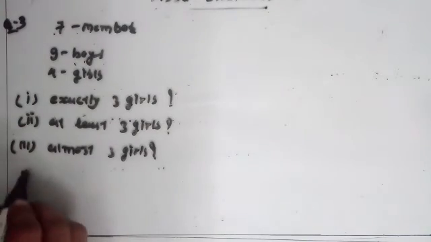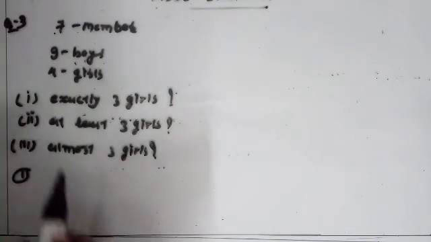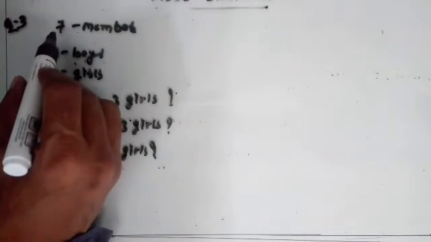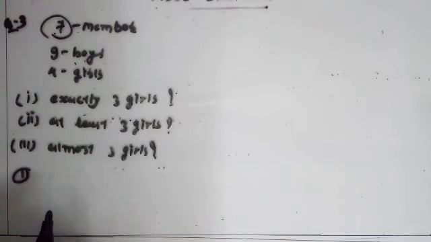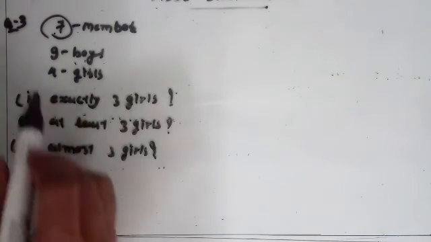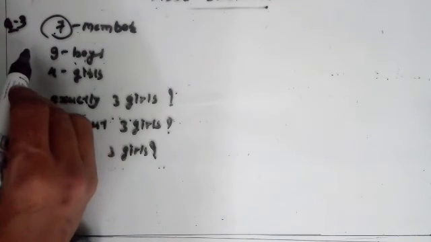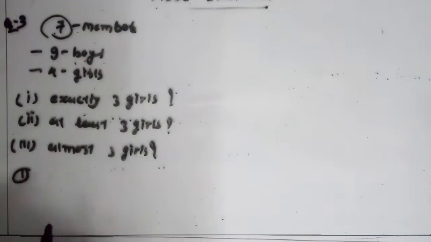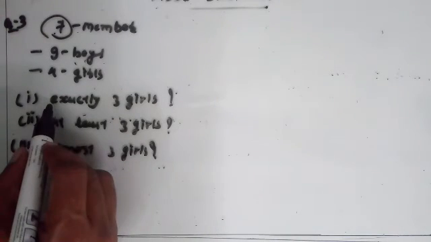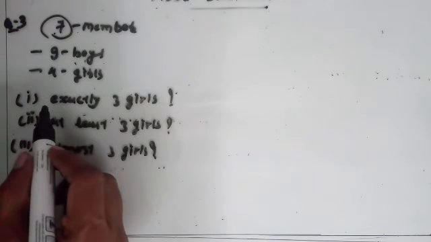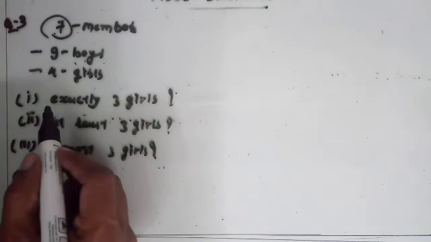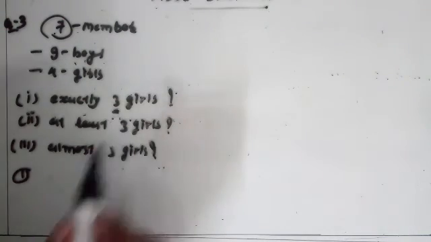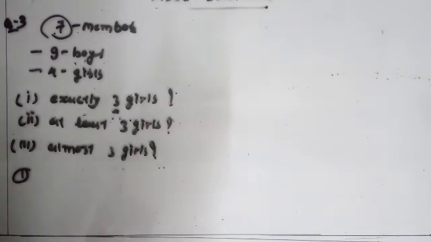Okay, first, here we want to form a committee of 7 members. Here the total number of boys given is 9 and the total number of girls given is 4. So first we think about the number of committees containing exactly 3 girls.